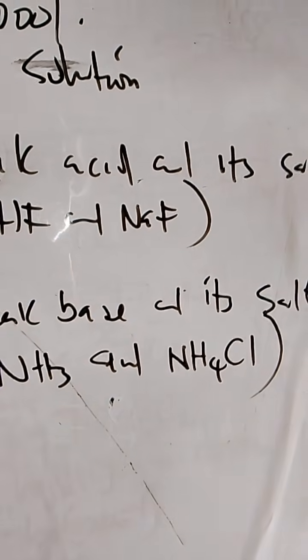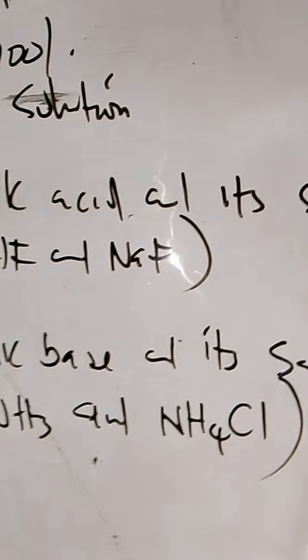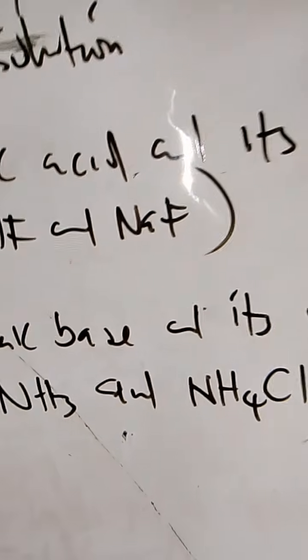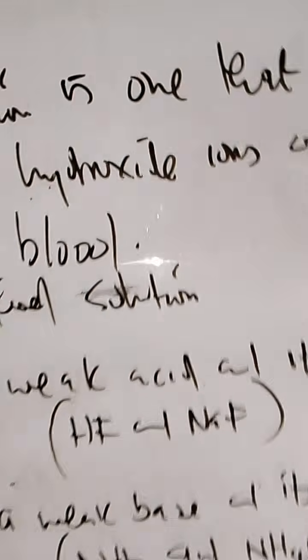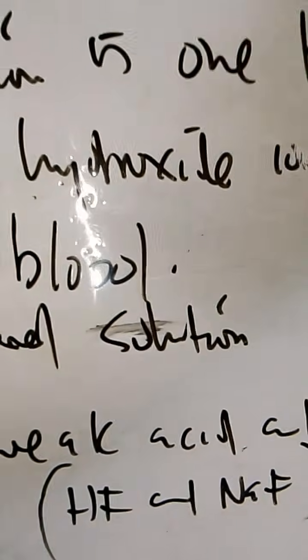All right, so straight away we shall now look at ways in which we can now calculate the pH of a buffered solution. Okay, so the pH, we know that pH is equal to negative log hydrogen concentration.